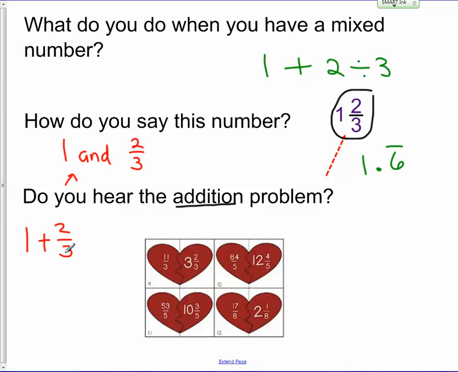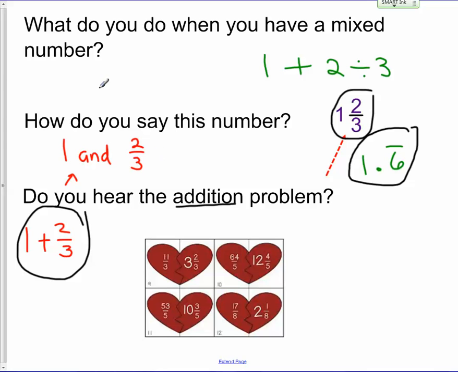So when you go to make this into a decimal, literally in your calculator you type 1, hit the addition sign, 2 divided by 3, because your calculator knows that you divide before you add, and you get 1.66666. Remember, it rounds it off to a 7, but you just need to put the bar over the repeating part, so just 1.6 with the bar. And that makes sense, because 1 matches the 1 and 2/3 matches the 0.6 repeating.